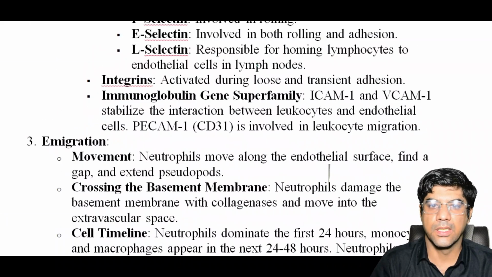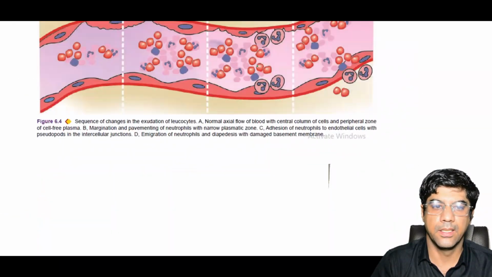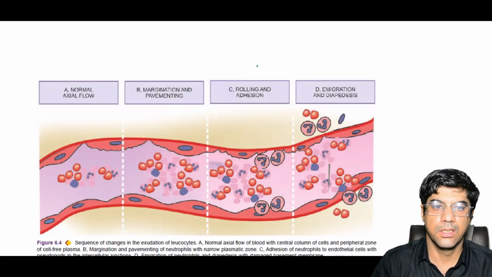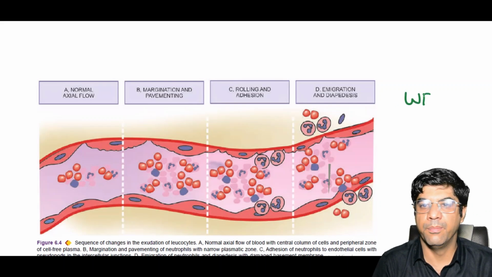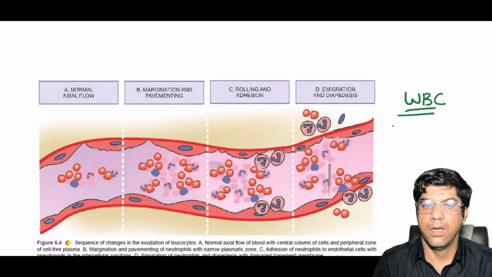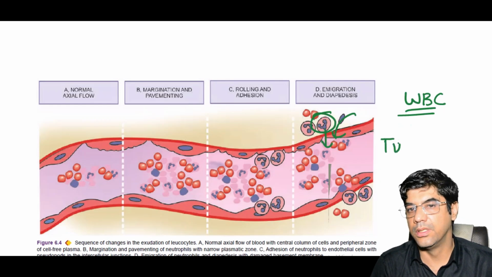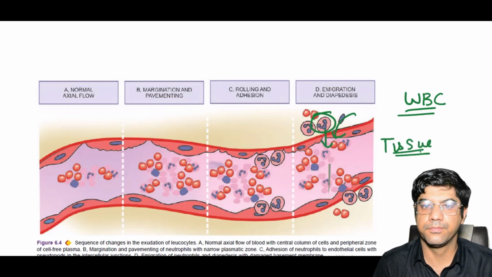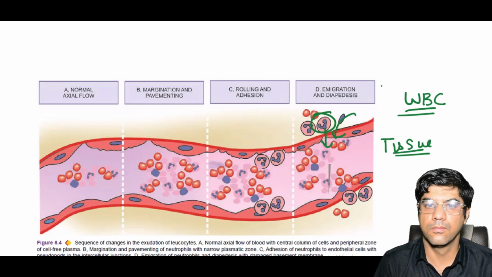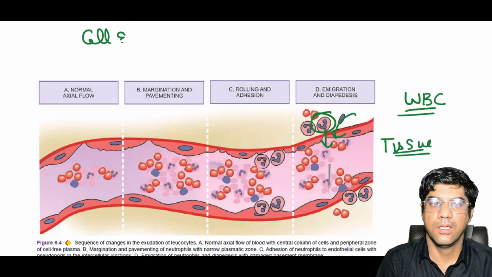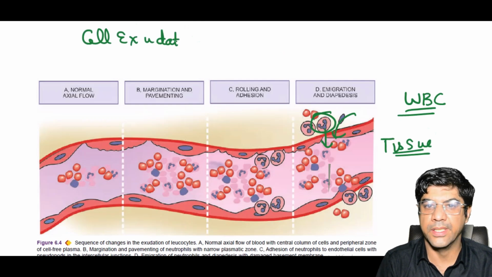Now, when inflammation occurs, the first step is the movement of WBC cells from the blood vessels into the tissues. This is known as cell exudation.